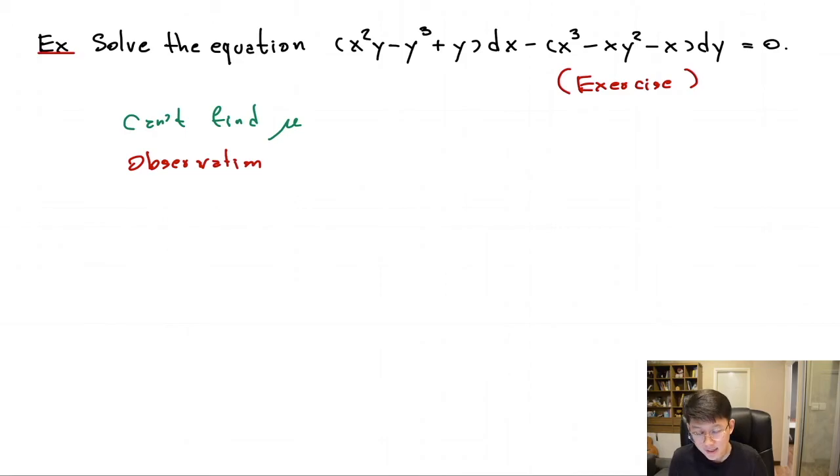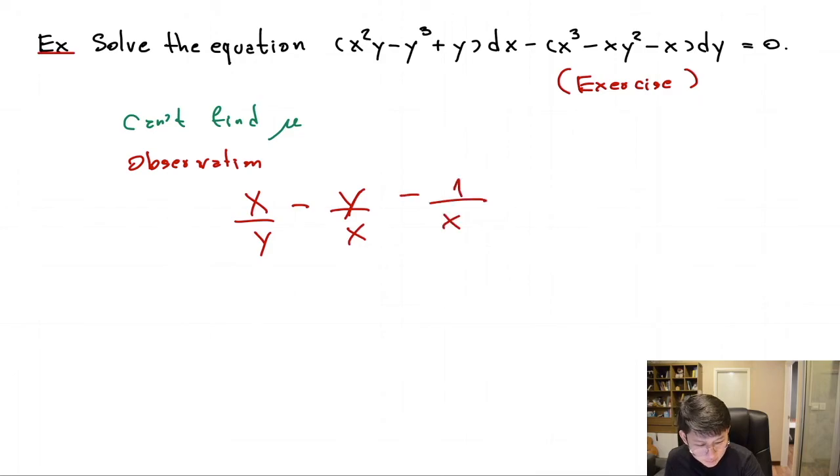This is to let you practice that observation method, but it's a lot easier than the previous one. So the answer is x over y minus y over x minus 1 divided by xy equals c.